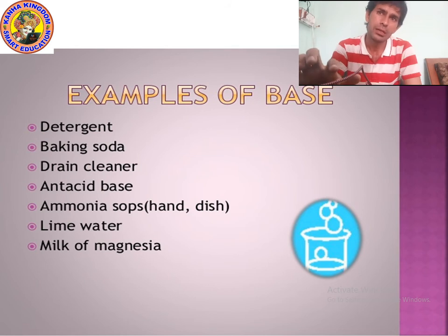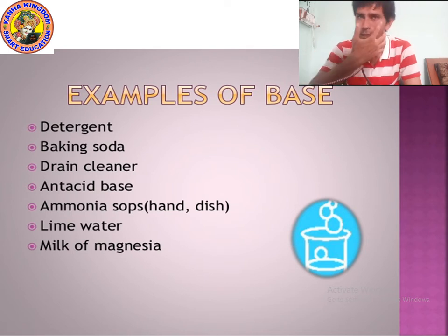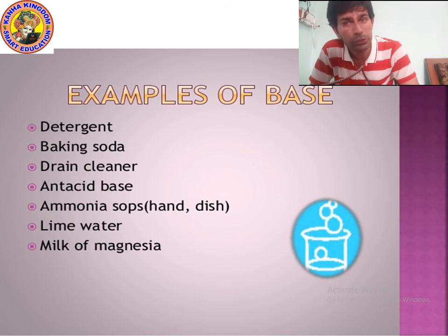Red litmus turns blue for base, and blue litmus turns red for acid. Baking soda is also an example of base. Drain cleaner, yes, cleaner of drain. Antacid base, there are many antacid bases. Ammonia soap, hand soap, dish soap, these are soap bases.